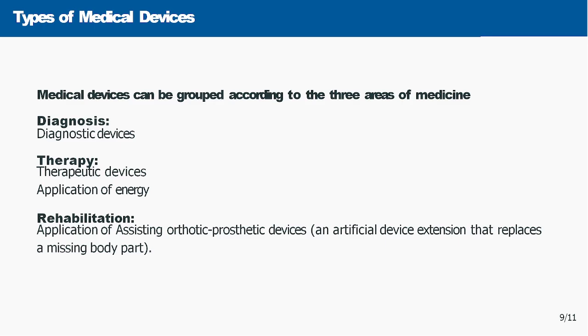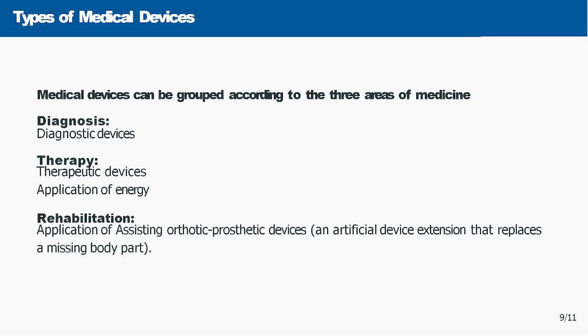Okay. Then we have therapy. Once we indicate or find any disorder, then we go for therapy, applying different therapies to cure that disease. So those are called therapeutic devices.